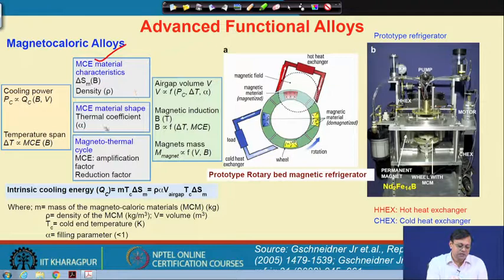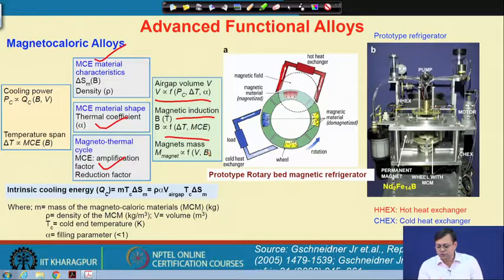the density, the thermal coefficient, the amplification factor or reduction factor, these are all important parameters for developing this refrigerator, and air gap volume, magnetic induction, magnetic mass, all of these parameters are required for developing these kinds of refrigeration facilities.